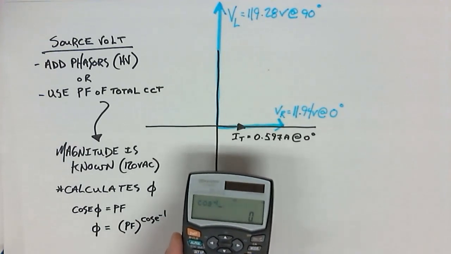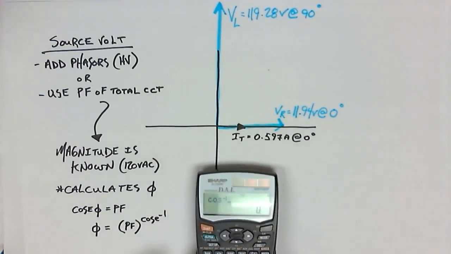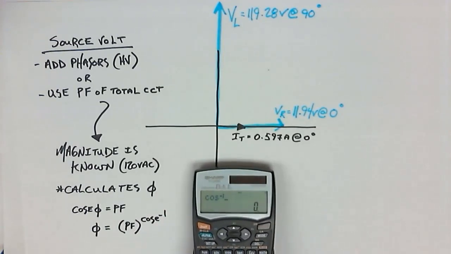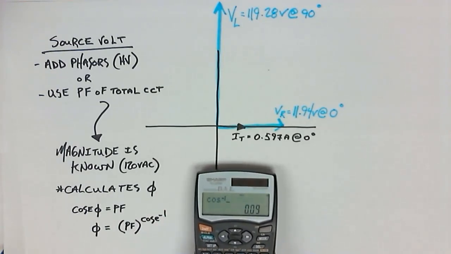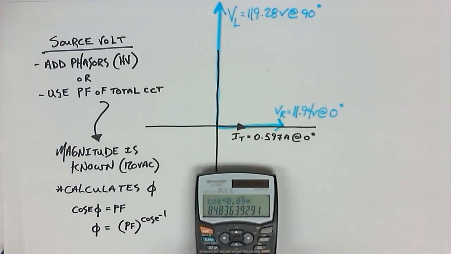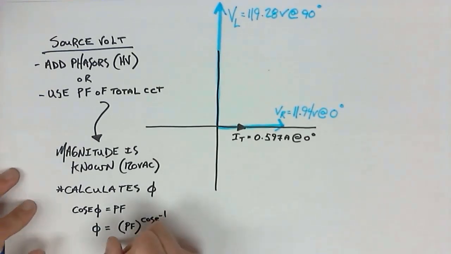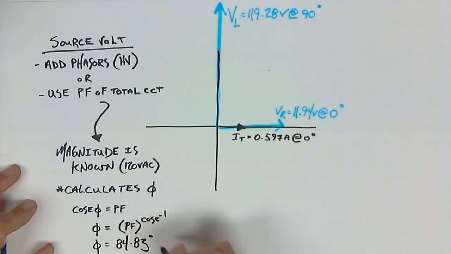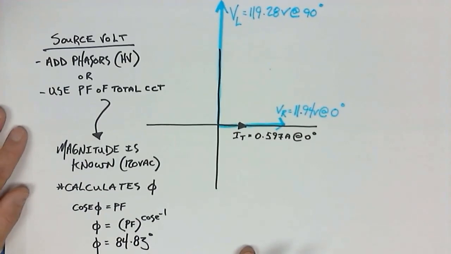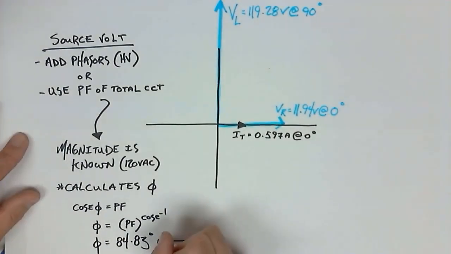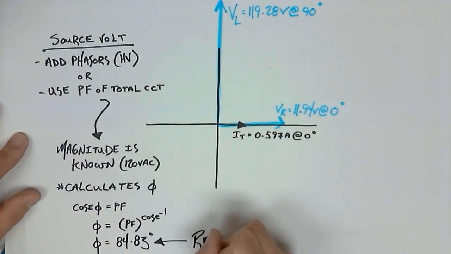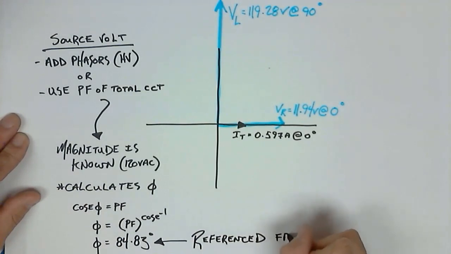Enter inverse cos first, and then after you've entered inverse cos, you're going to enter 0.09, which is our power factor. And we end up with 84.83 degrees. This angle is referenced from 0, as in the reference line.